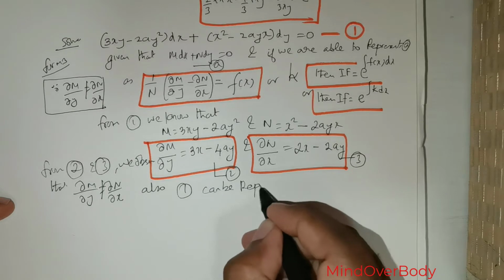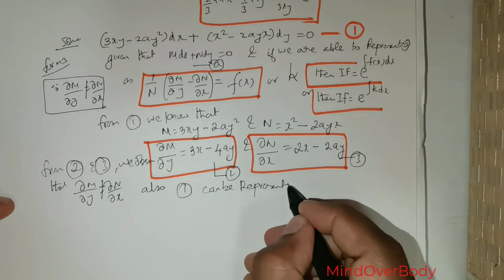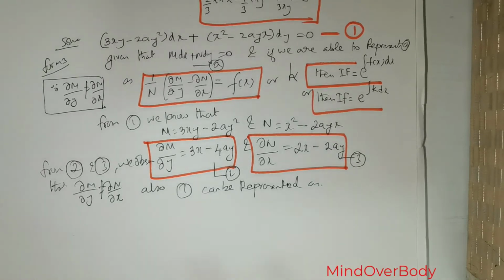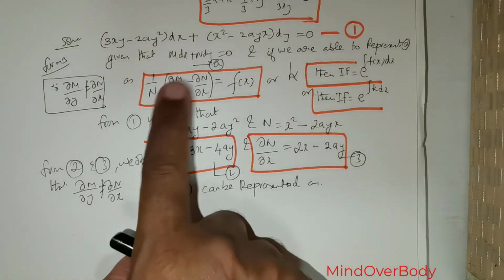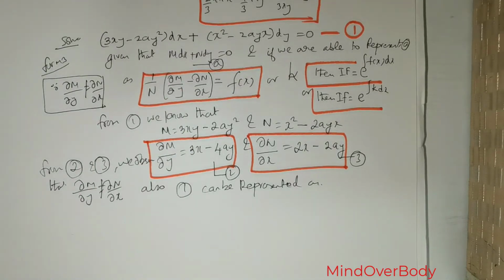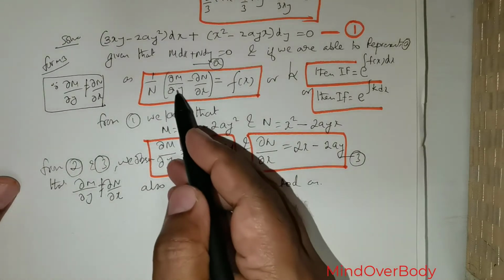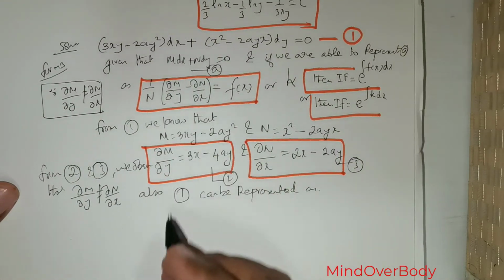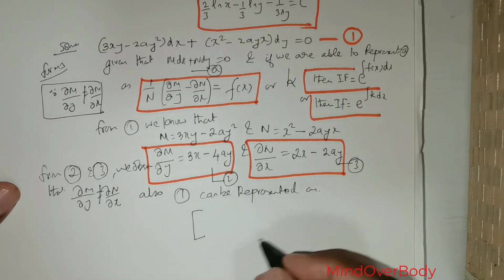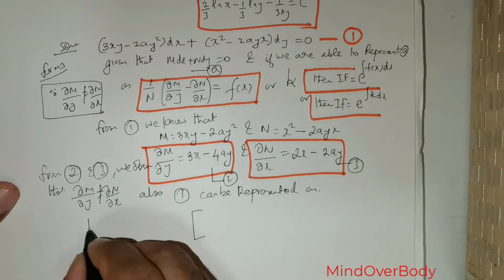Also 1 can be represented as, so I'm trying to achieve this representation, okay? So that is very critical. So to start off with ∂M/∂y. What is ∂M/∂y? Okay, so let me write it.